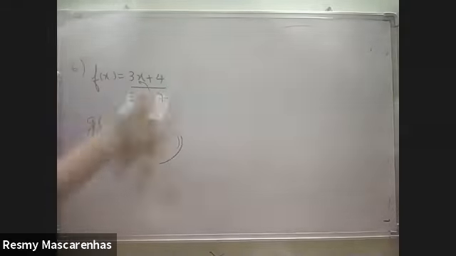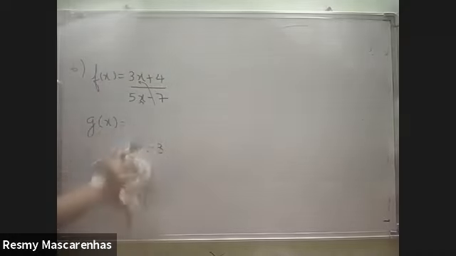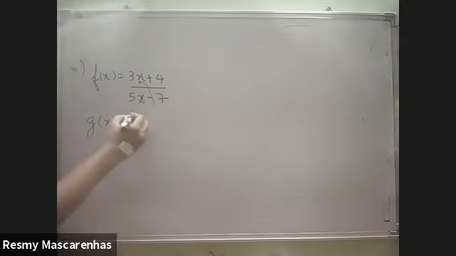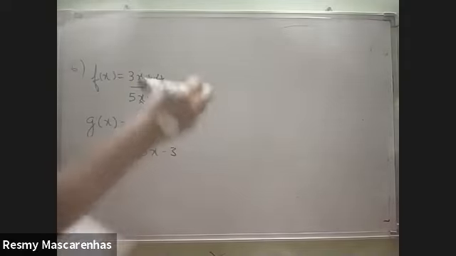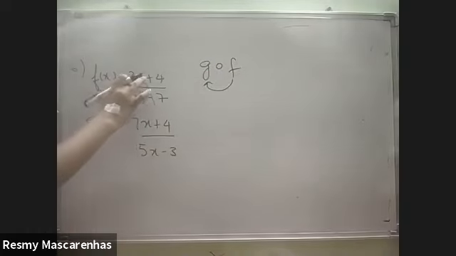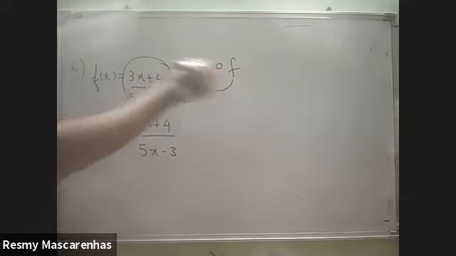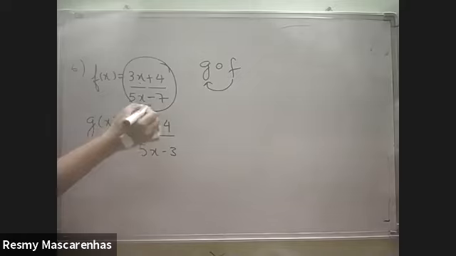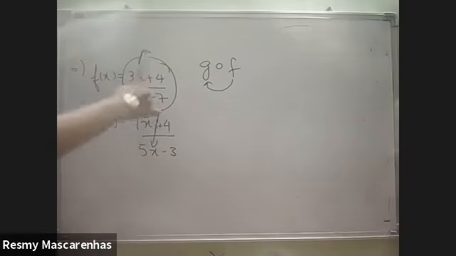This is 7x. F we have to substitute in G. So this full F we'll have to substitute in G. So wherever there is X, this whole function will come.